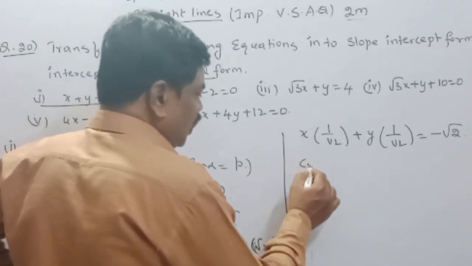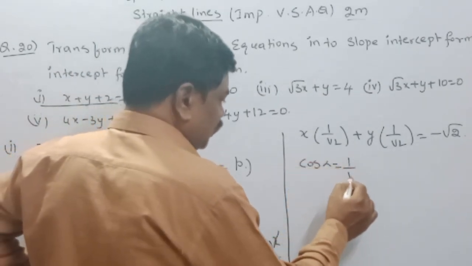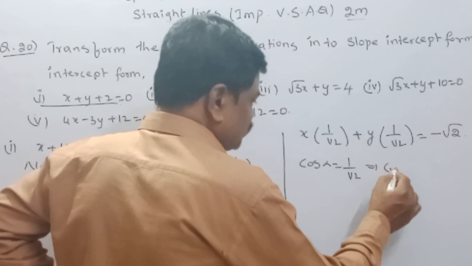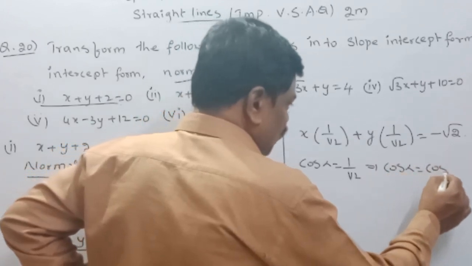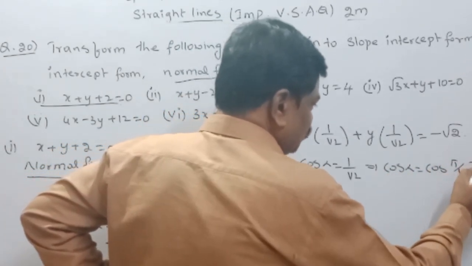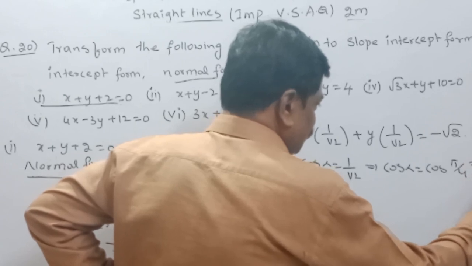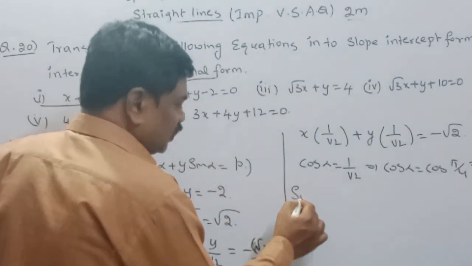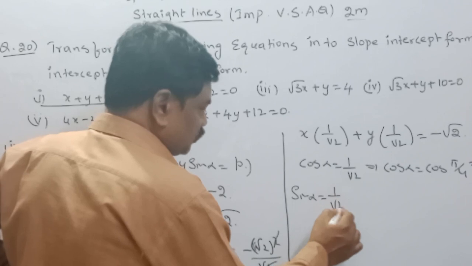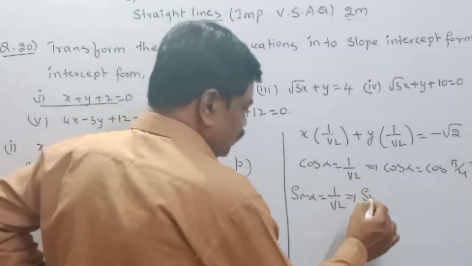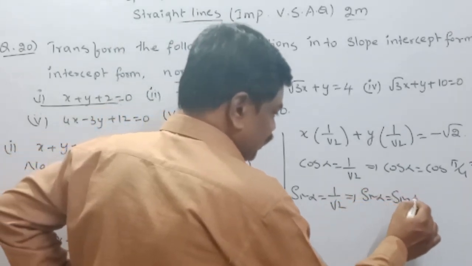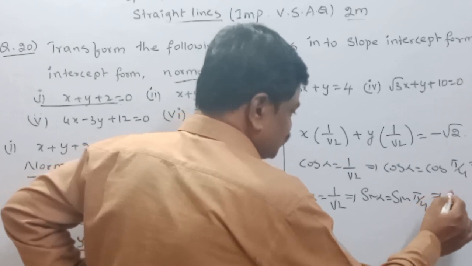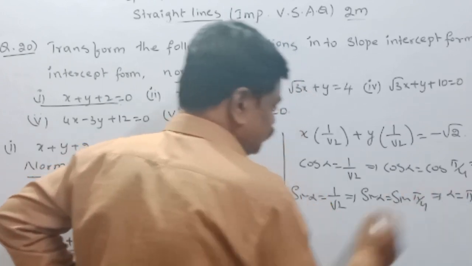Cos alpha is equal to 1 by root 2 implies cos alpha is equal to cos pi by 4, which implies alpha is equal to pi by 4. Similarly, sin alpha is equal to 1 by root 2 implies sin alpha is equal to sin pi by 4, which implies alpha is equal to pi by 4.